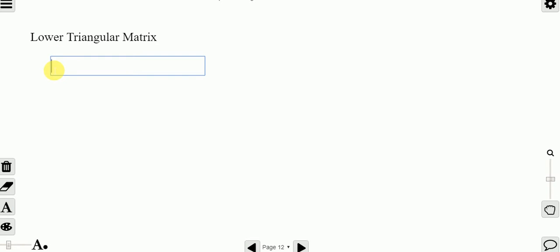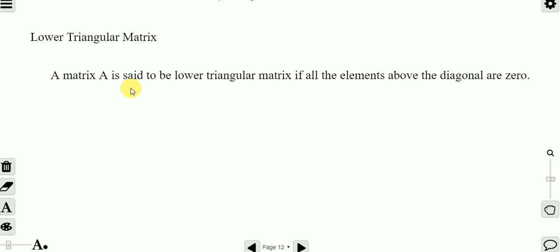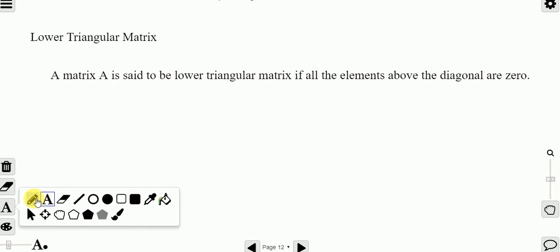A matrix A is said to be a lower triangular matrix if all the elements above the diagonal are 0. Okay, so a matrix A is said to be lower triangular if all the elements above the diagonal are 0.